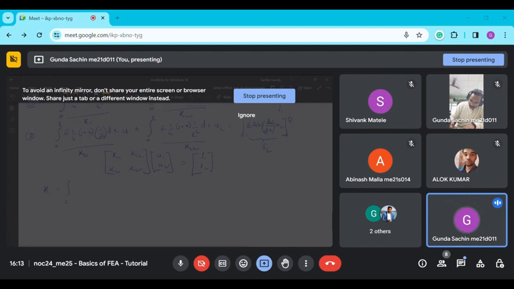So let's just solve it here. K11 here is integral from 0 to L of E times 1 by 4 times 1 plus x times 1 by L square dx. Here our domain was in this way: first element, second element.